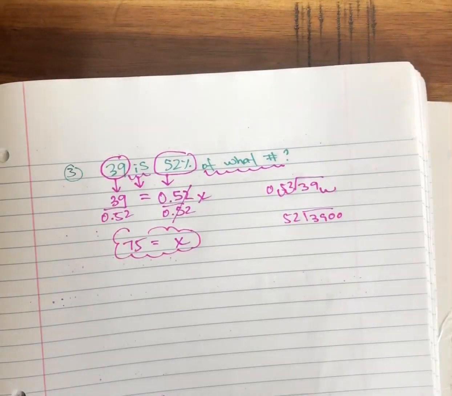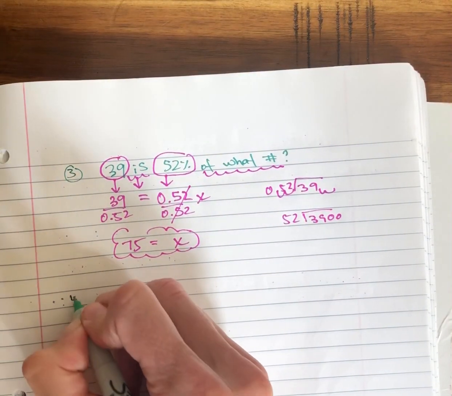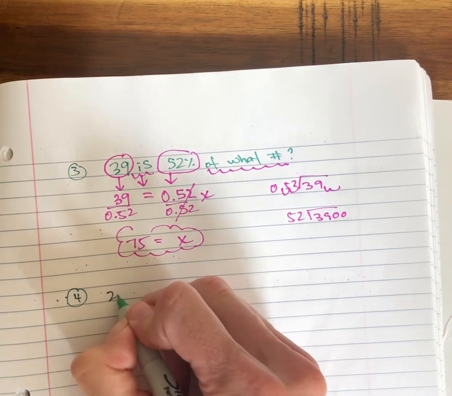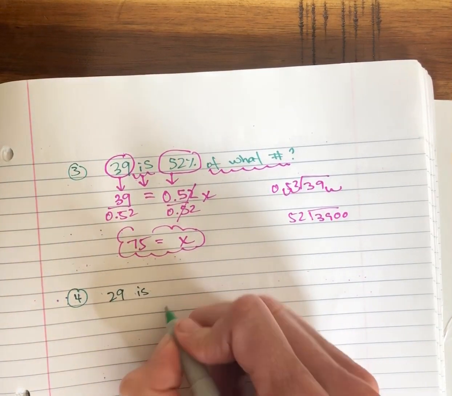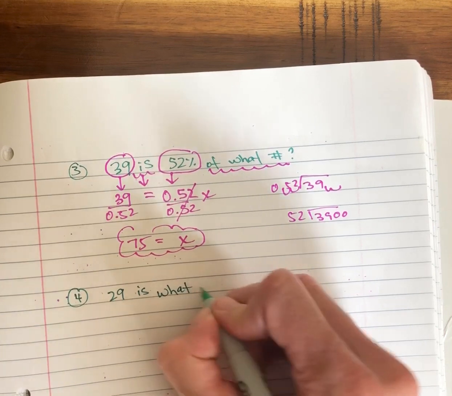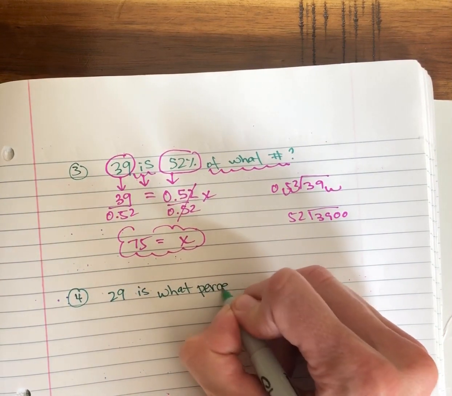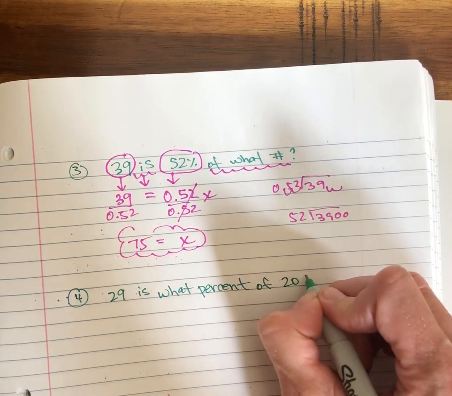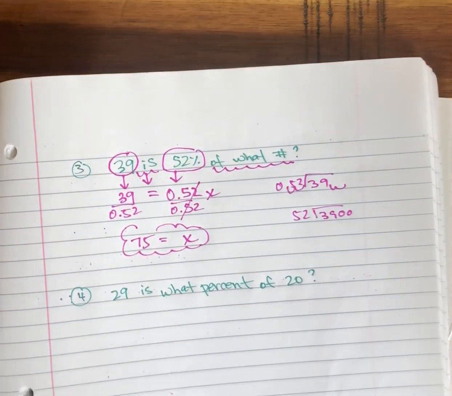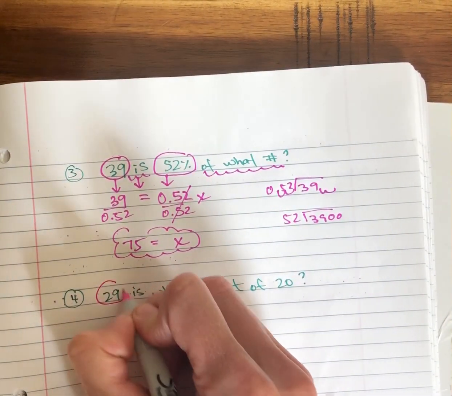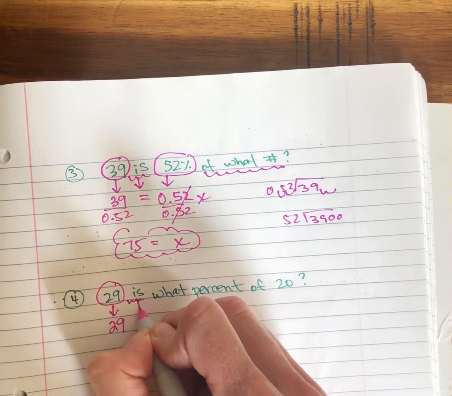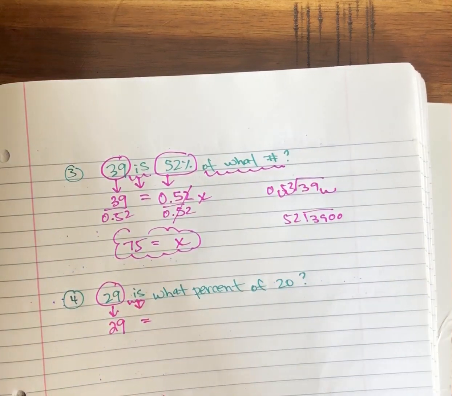Okay, let's just do one more. Last one, number 4. 29 is what percent of 20? Okay. Here we go. 29, drop it, is, that translates to equal sign.